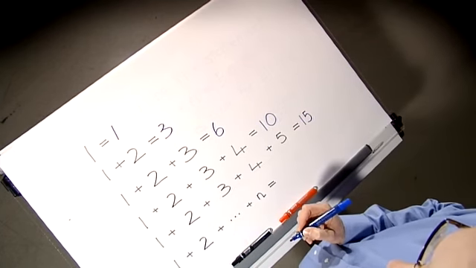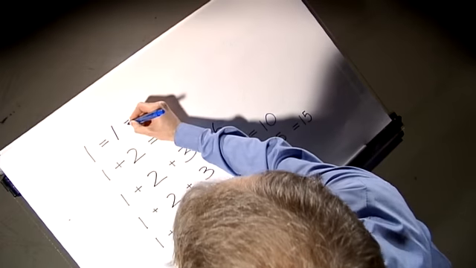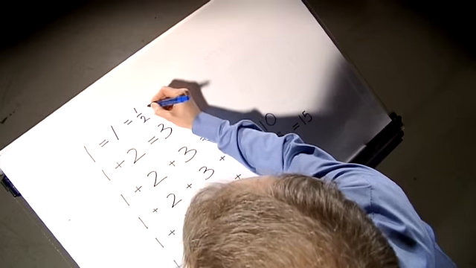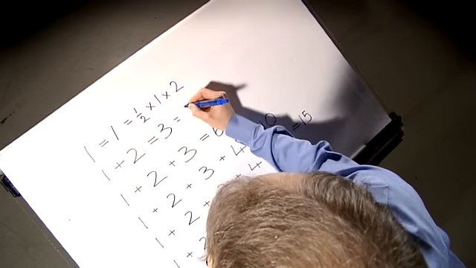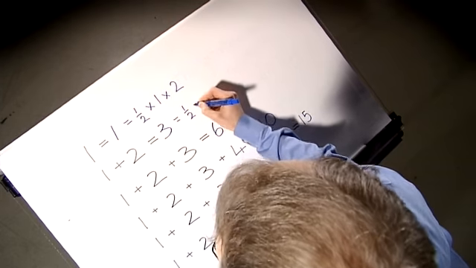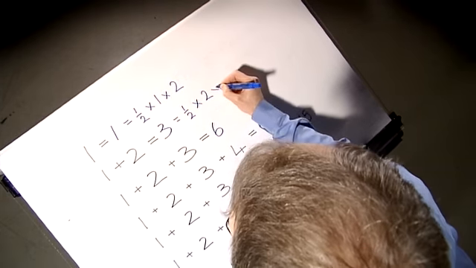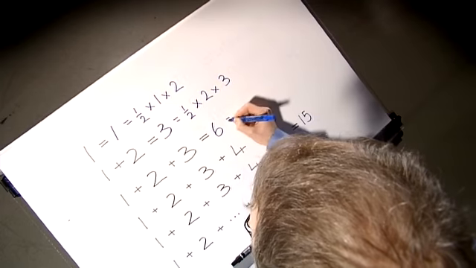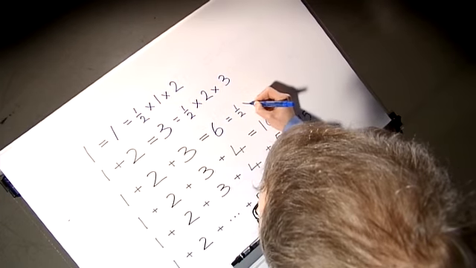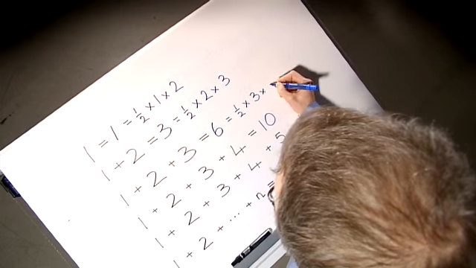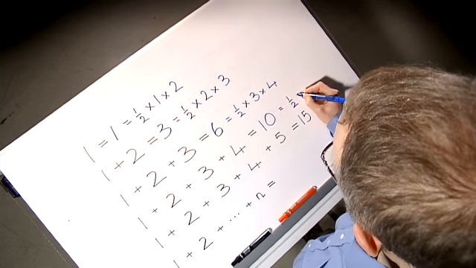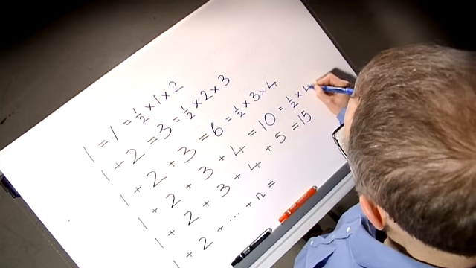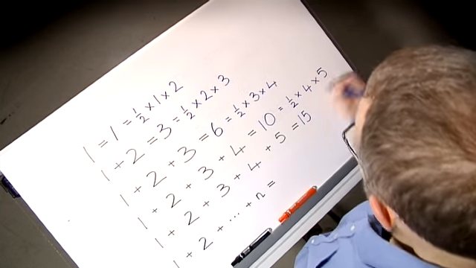And if we stare at the answers, we might start to see a pattern. And after a while, we can see that if we add together the first few natural numbers, we get something that's quite predictable.